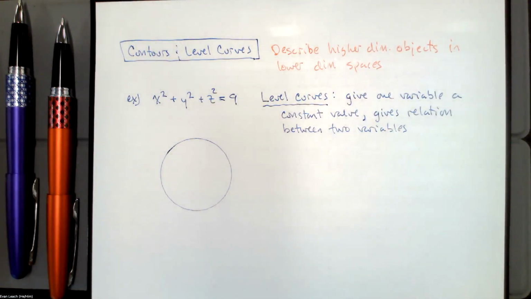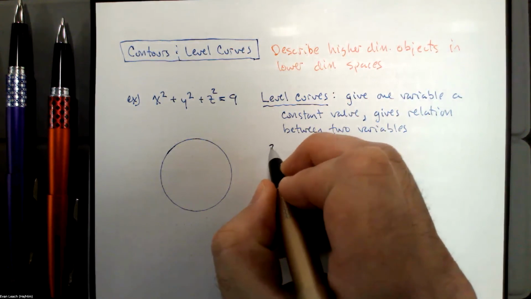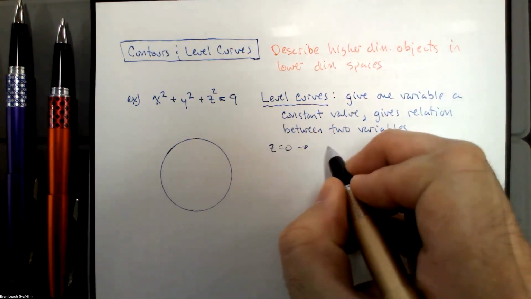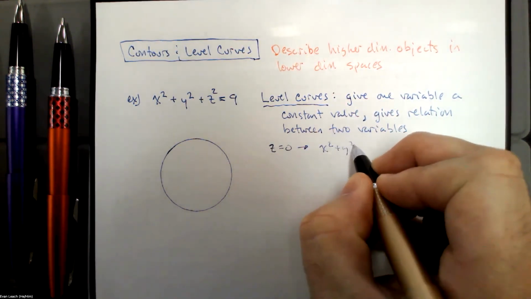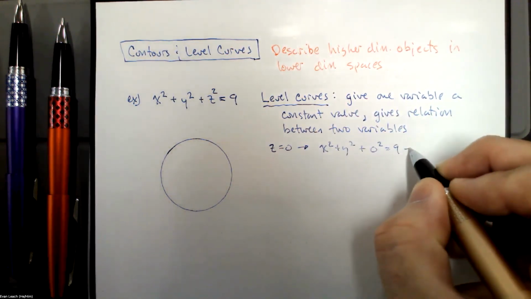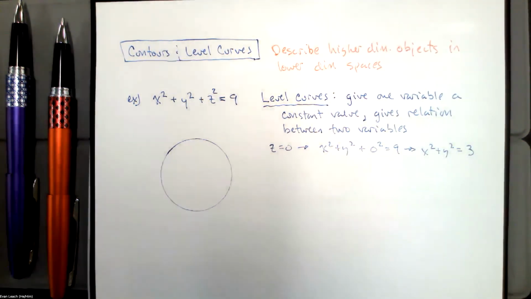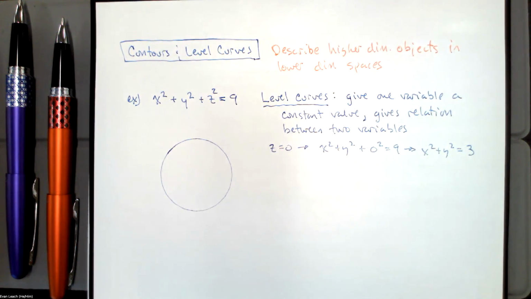If we choose a value of z equals 0, that's going to give us the equation x squared plus y squared equals 9, which will be a circle of radius 3. So what we're doing is imagining the sphere and looking at our 3 dimensions from the top.